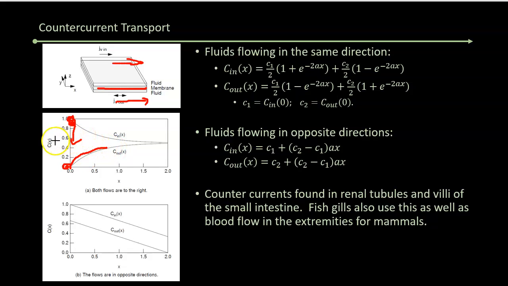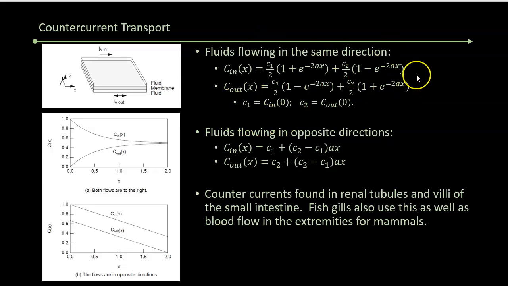So they are asymptotically converging at this midpoint. That's one way: your fluids are flowing in the same direction across a membrane, and you're hoping to get solutes to go from one fluid to the other.